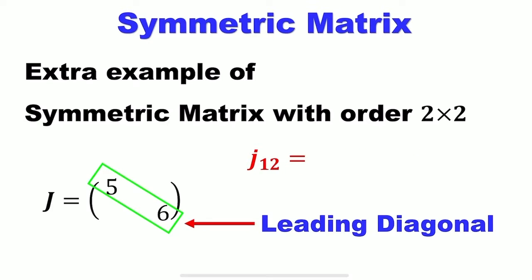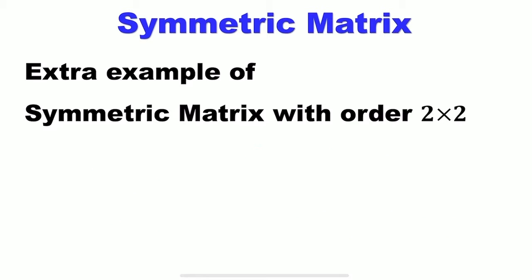J12 is equal to 1, where the leading diagonal is now a mirror. So it reflects the value of 1 along the leading diagonal, so it is equal to J21, where J12 is equal to J21, which is equal to 1.